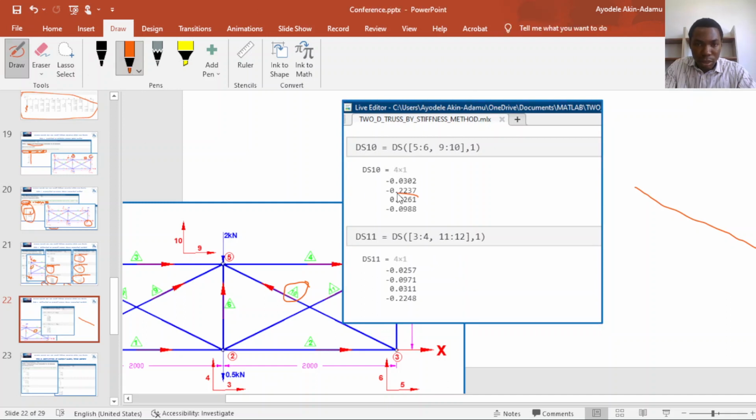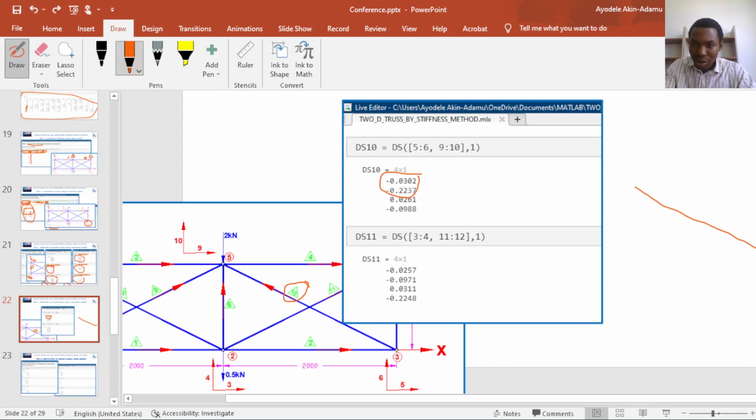In this direction, we have a minus value, and in this direction we have minus as well.